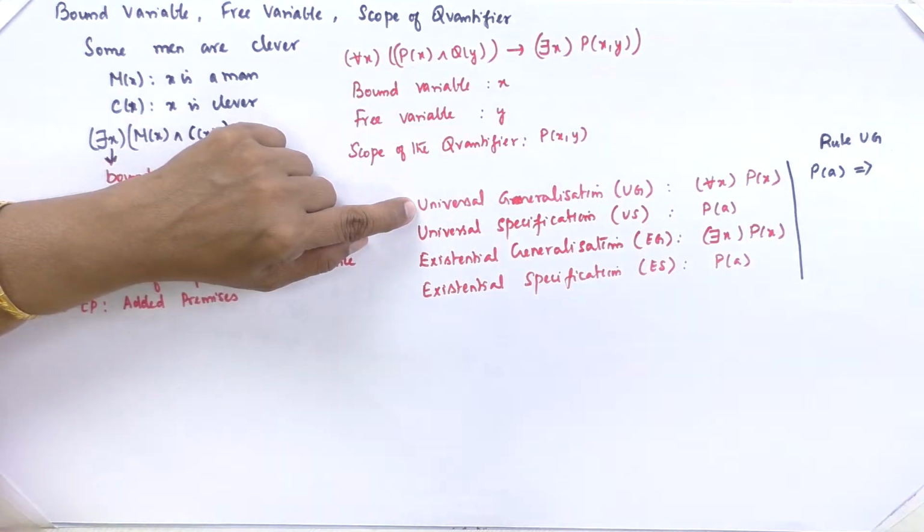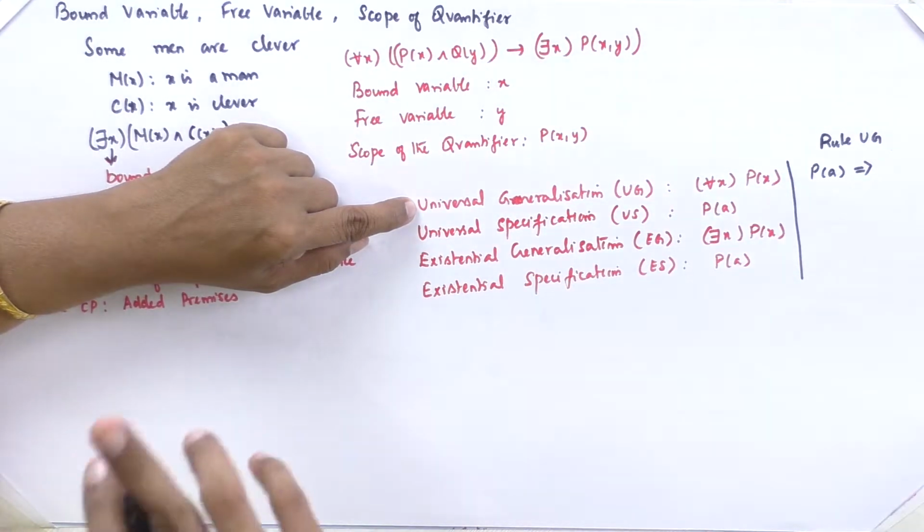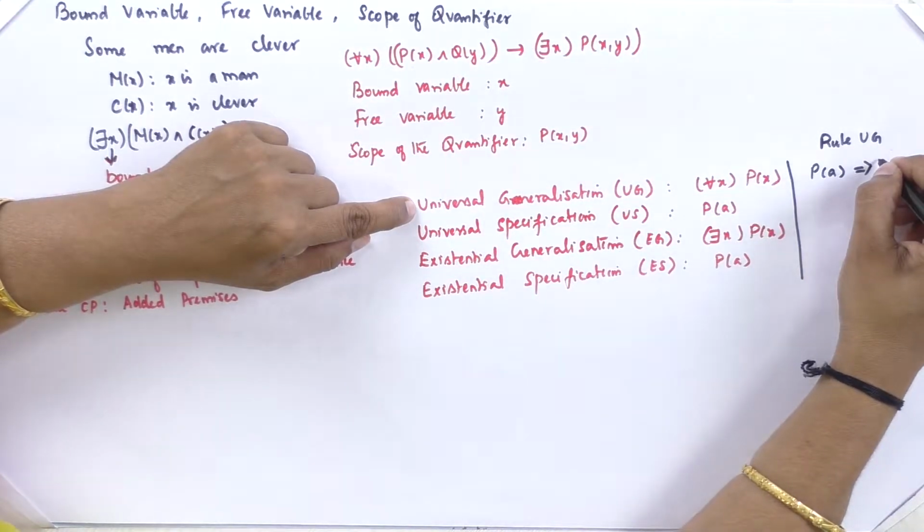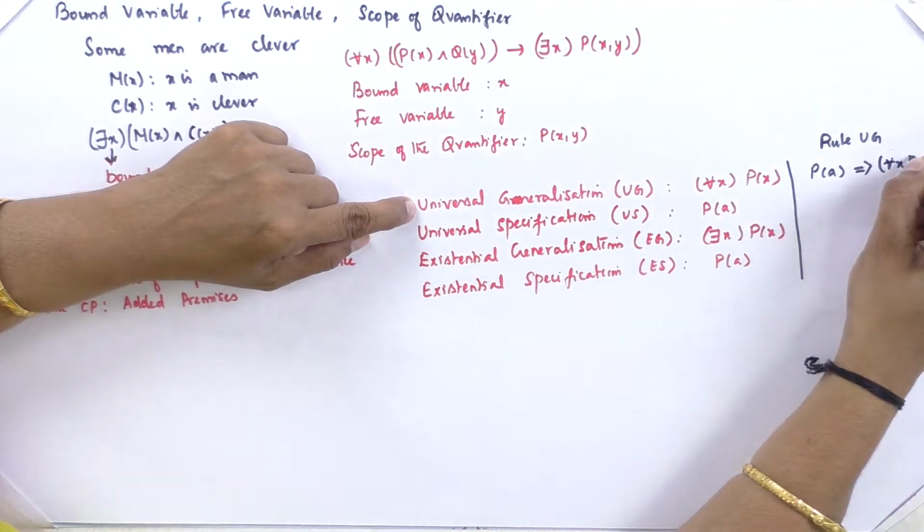Suppose Sita is in this class, so I can say Sita sings, which is applicable only to Sita. If I have to say that all the students in this class are good at singing, how do I generalize from a single person to all persons? If I have 34 students in this class, all 34 are good at singing. How do I represent it from the given single point? I can generalize it as for all x.